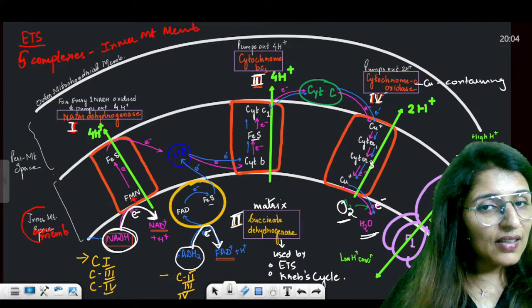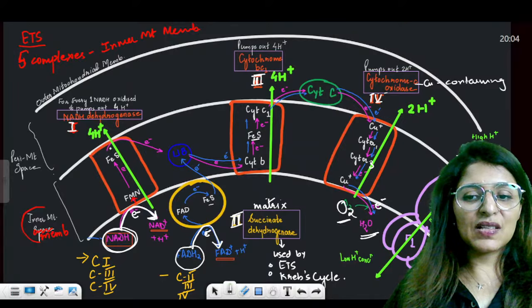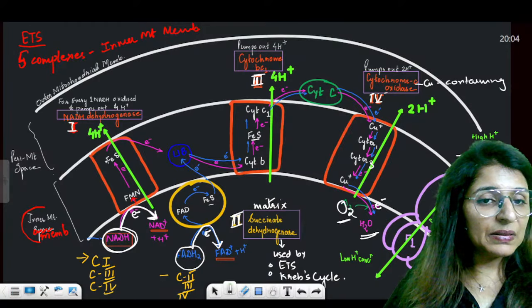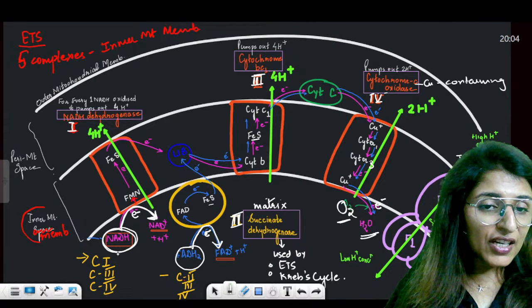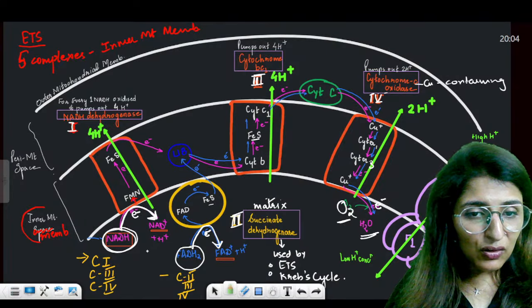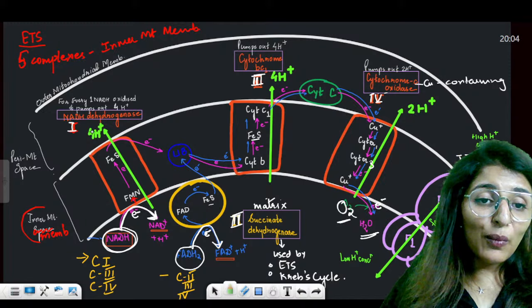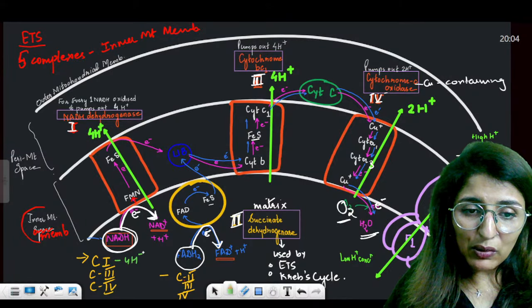Are you getting that? Now, again, that same chemiosmotic hypothesis comes in. So, for oxidation of NADH, we know who all participated. Complex 1: how many H positive protons will be pumped out? 4 protons will be pumped out here.